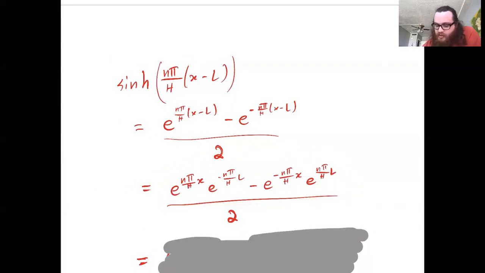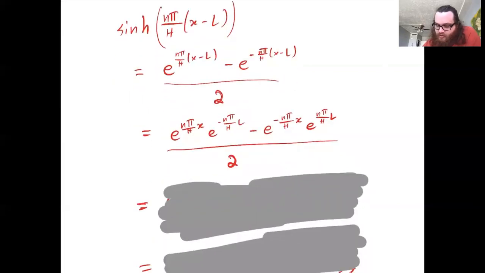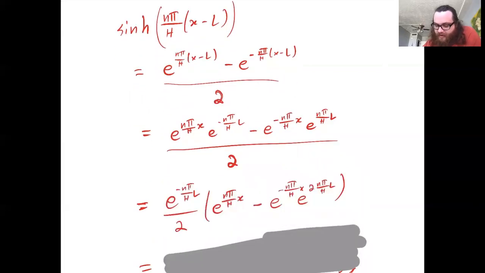And now what we're going to do is factor out this e to the n pi over h times L. So this factor here, we're pulling it out. The question is, what happens over here?